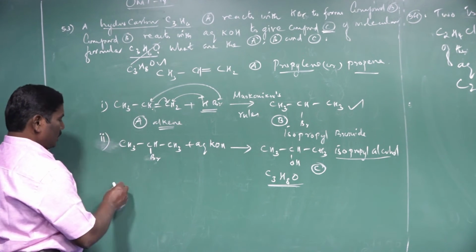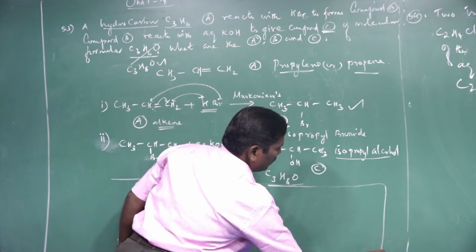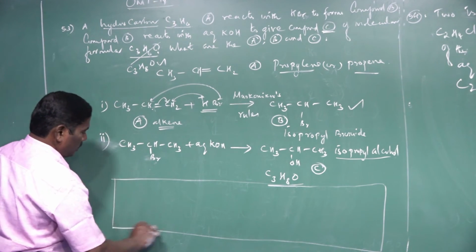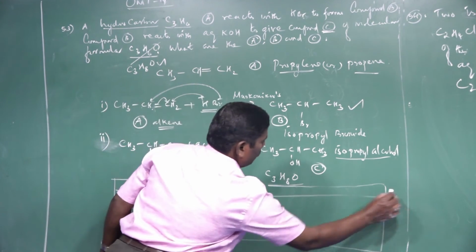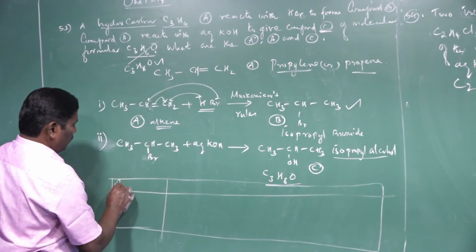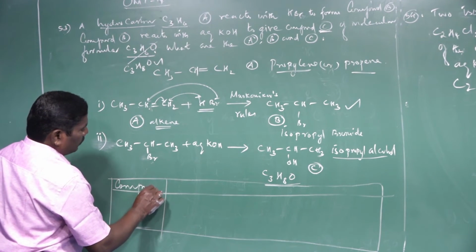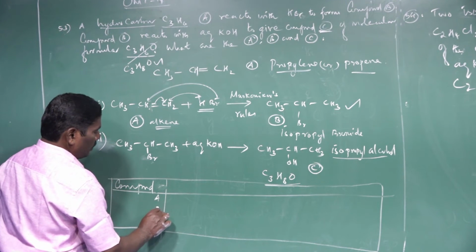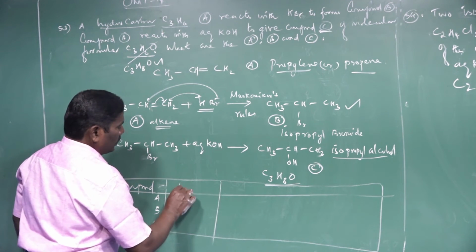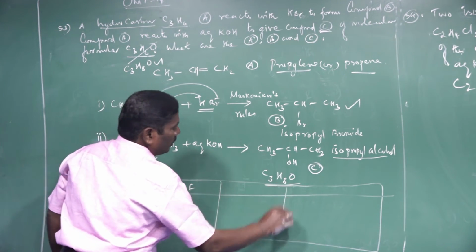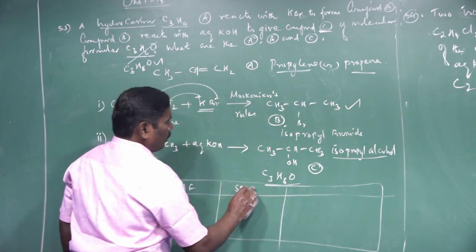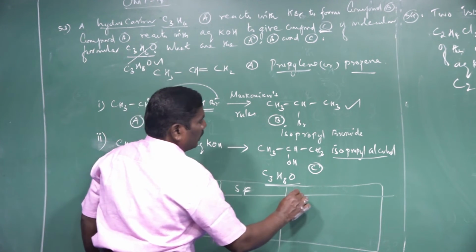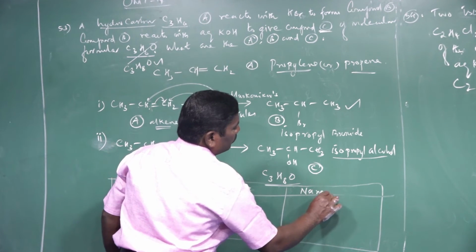Now we are going to tabulate. What are the compounds and what are their structures? Compounds A, B, C, with molecular formula, structural formula, and name of the compounds.